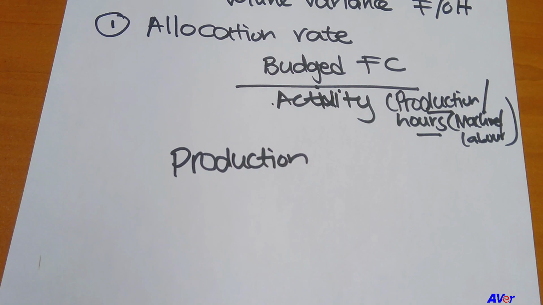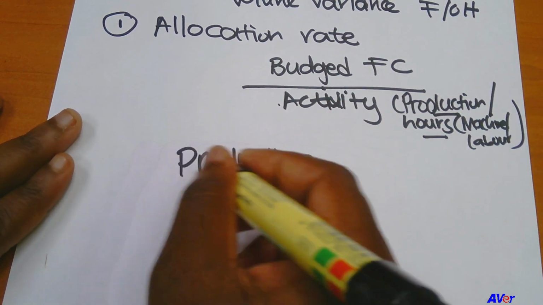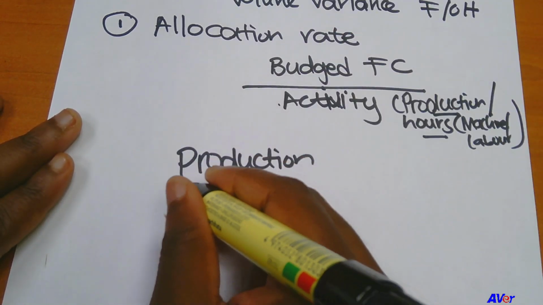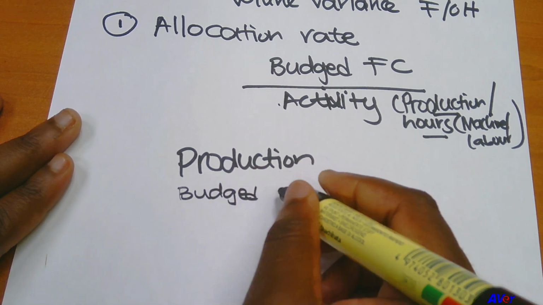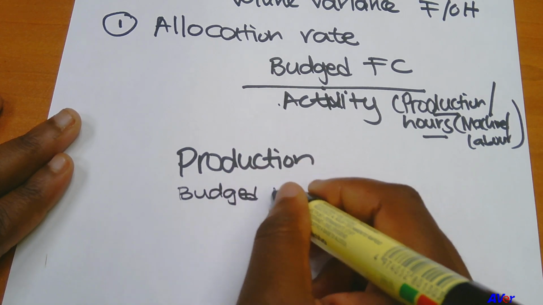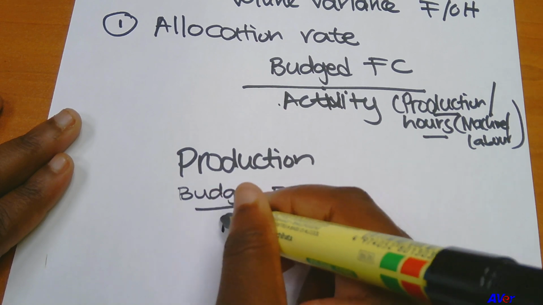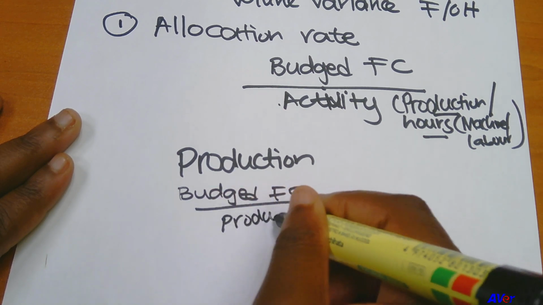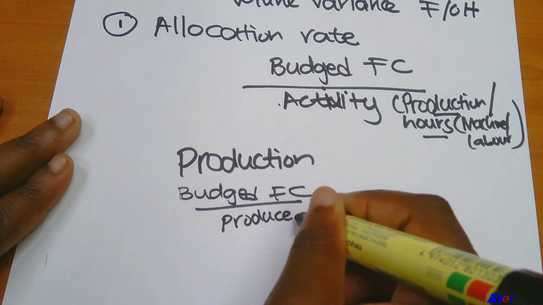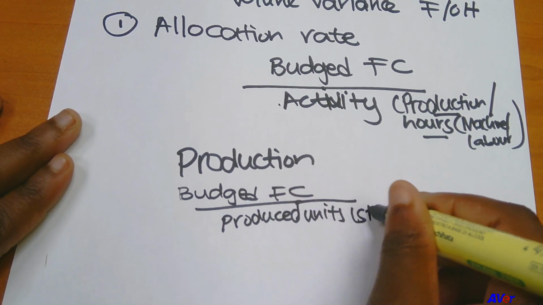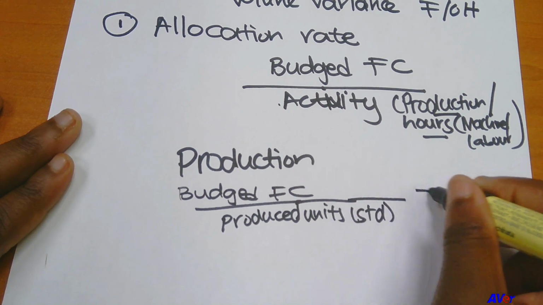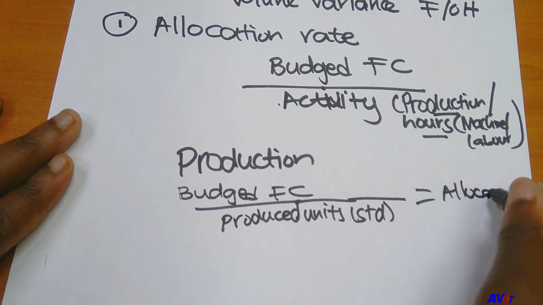In that case, the allocation rate was just the budgeted fixed cost, and we divided that by the produced units.